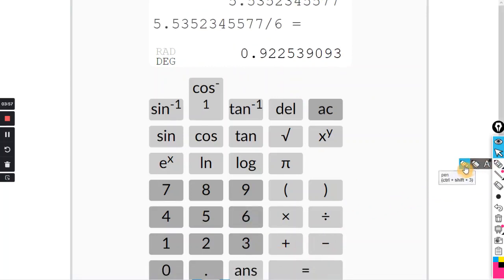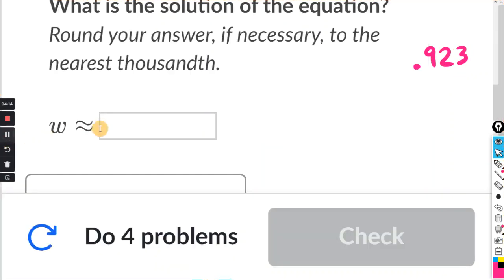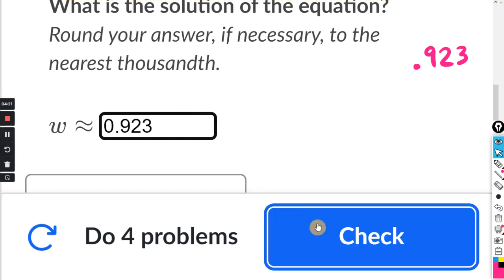We're looking for 3 decimals, so go for the 4th decimal. If it's 5 or more, you have to round up. So 0.922 is going to be 0.923. So in the box, it's just 0.923. That's the nearest thousandth.